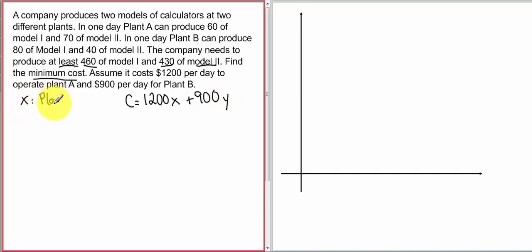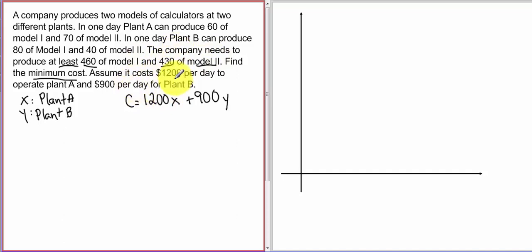X is days at Plant A, and Y is days at Plant B. Now, this is why this is confusing, because you have Model 1 and Model 2 in Plant A and Plant B, and I don't know which one is which.